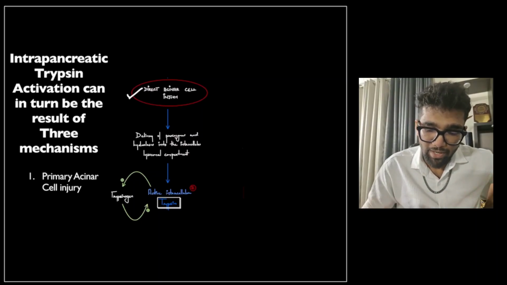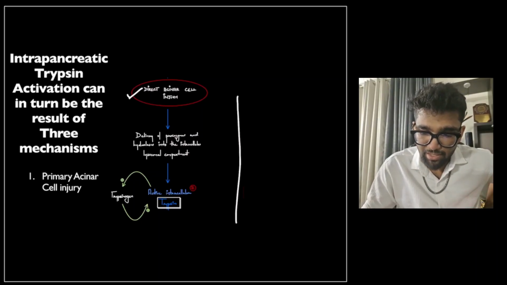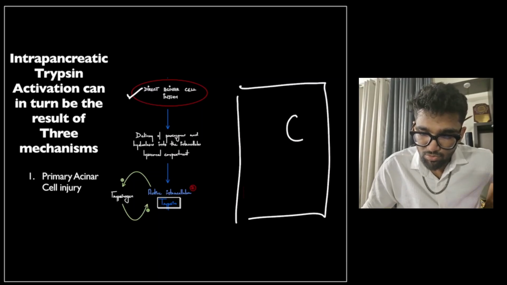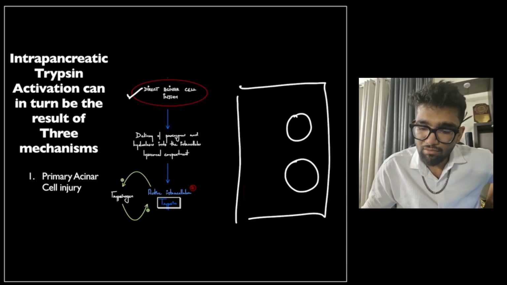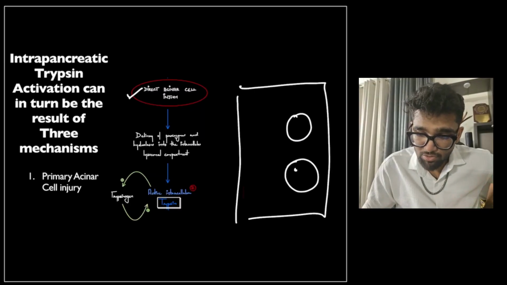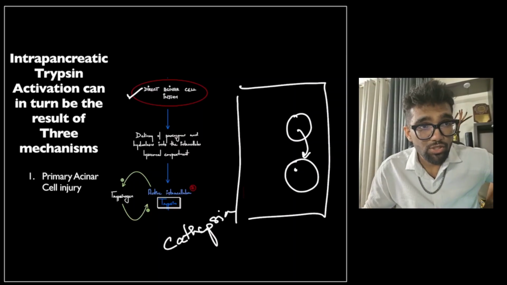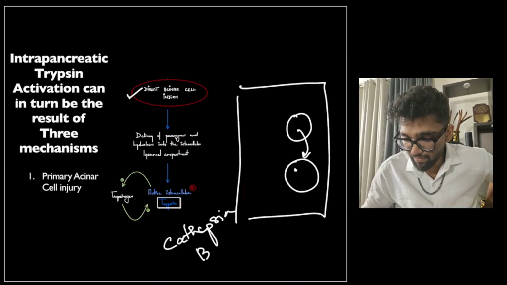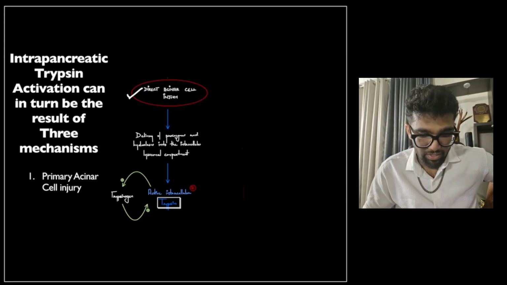So here what happens is that within the acinar cell, the lysosomes fuse with the vesicles that contain the inactivated trypsinogen. So when that fusion occurs, as we just discussed, cathepsin B converts trypsinogen to trypsin, and that starts off this entire process. So that is that.